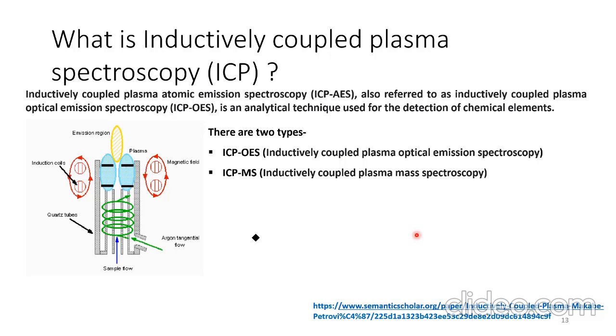So ICP OES, that is inductively coupled plasma optical emission spectroscopy, and ICP MS, that is inductively coupled plasma mass spectroscopy, is a very sensitive technique which can be used to determine even a very small amount of material, around ppb, that is parts per billion levels. That kind of concentration we can detect with the help of ICP spectroscopy.